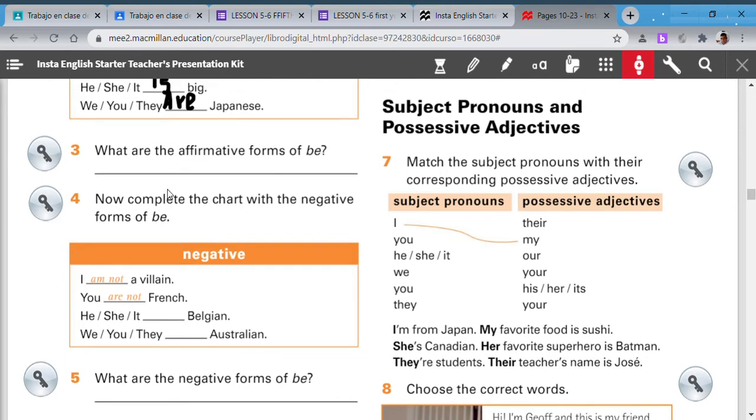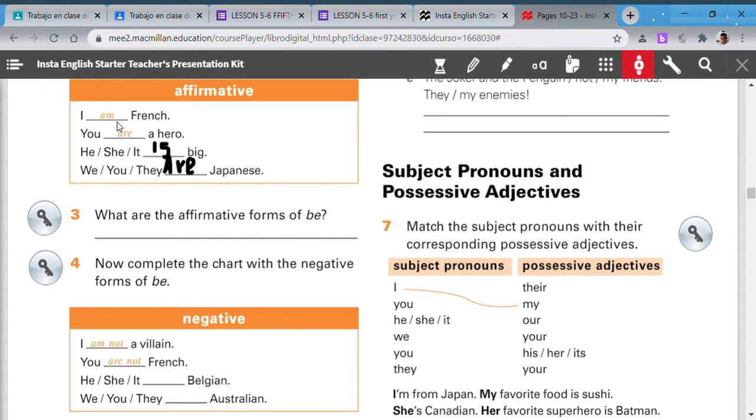Listen. In this case, I am a teacher. That is affirmative. In negative, I am not. For example, I am not a veterinarian.